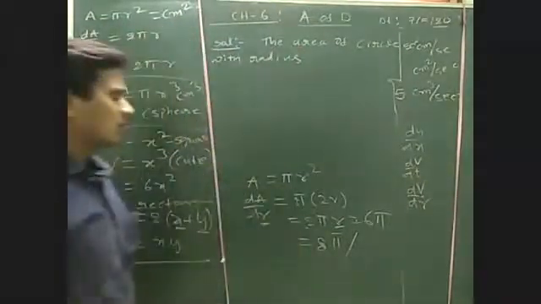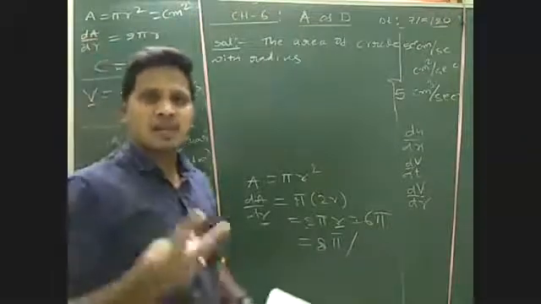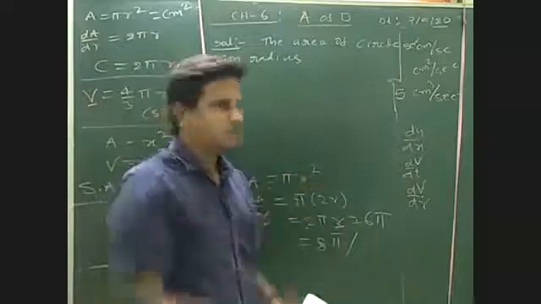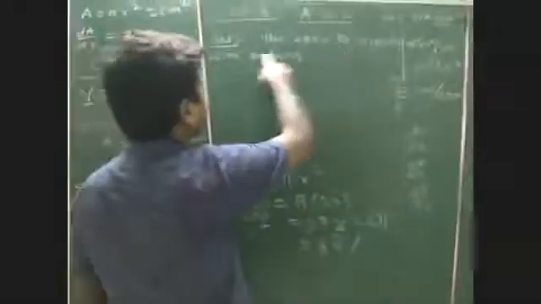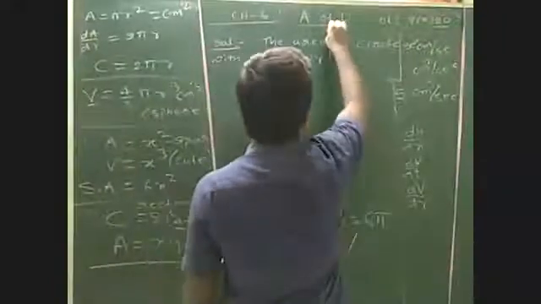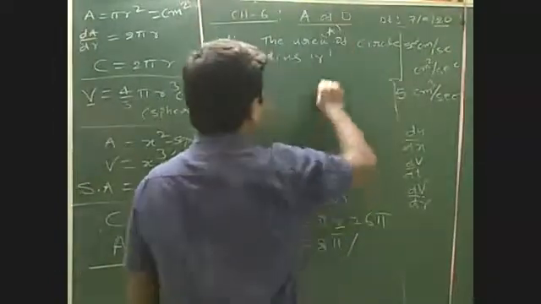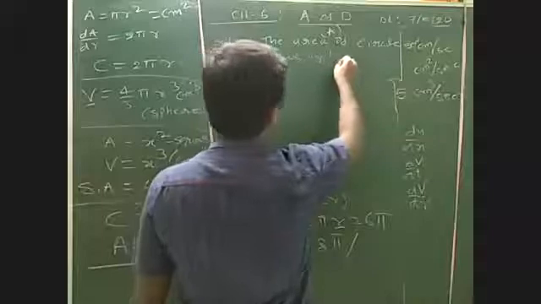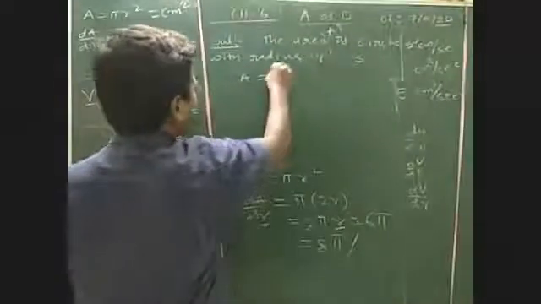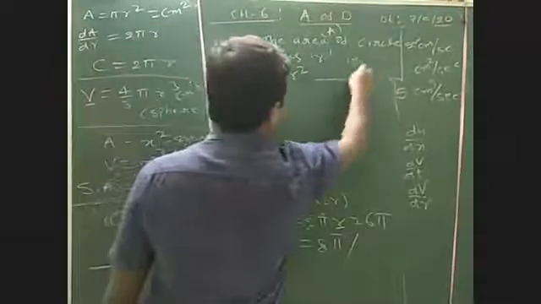If it is an objective question, we'll get the answer within 5 seconds, whereas here we need to write the steps. Okay, the area capital A of the circle with radius small r is A is equal to pi r square. Let us take this as equation 1.